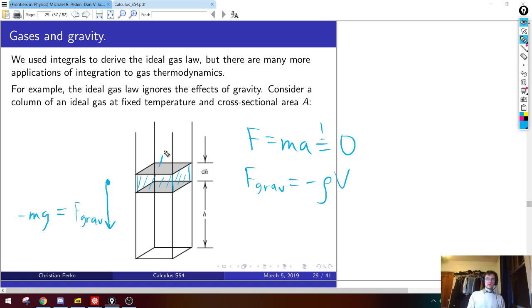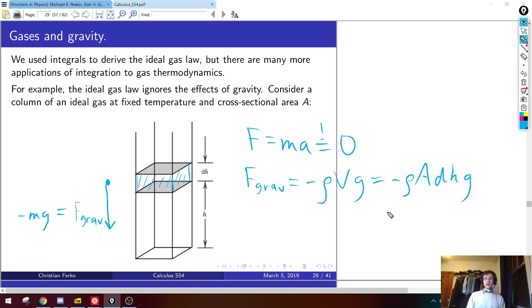Well, if this guy has cross-sectional area A, and we're looking at this little prism with height dh, then the volume is A dh. So the total mass, therefore, oh sorry, I forgot a g. It's supposed to be mg. So anyway, the gravitational force is minus rho A dh g.